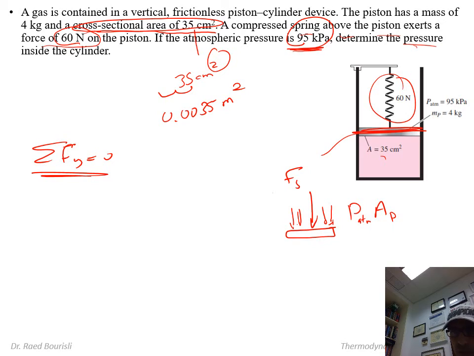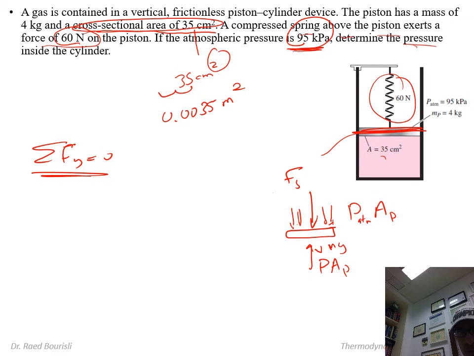So multiply the atmospheric pressure by the area of the piston, and then I'll have the pressure of the gas, I'll call it P, times the area of the piston. Yes, I think that's it. Atmospheric pressure force, weight, and the spring. So they're basically as such. So this equals this. There's one more thing, just the weight, sorry.